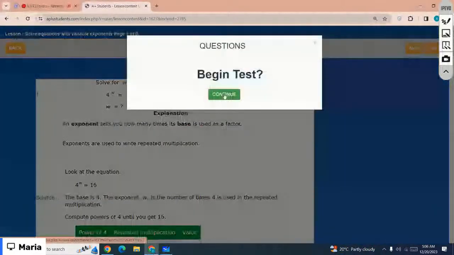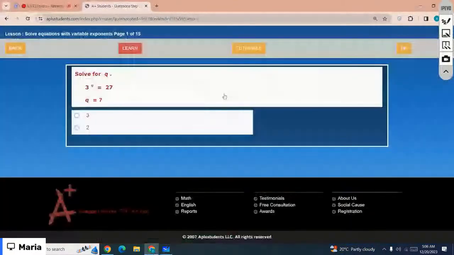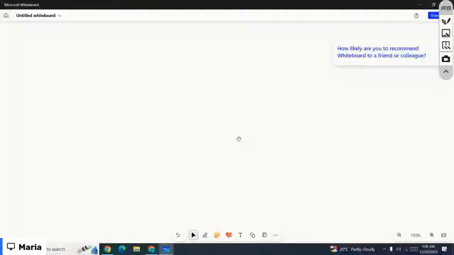Let's just start with the test questions. Okay, solve for Q. 3 exponent Q equals 27. Okay, so you need to write down the 27 in the exponent form, right? One important thing here is the base 3, right? You need to write down this 27, the base must be 3, right?